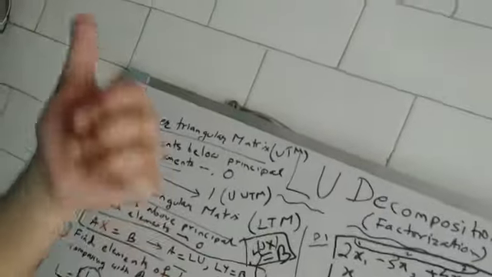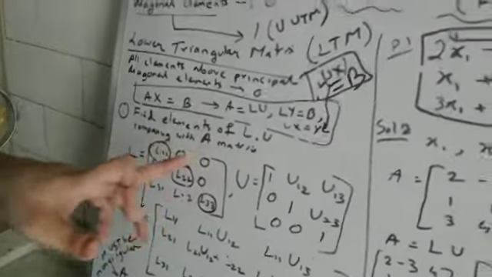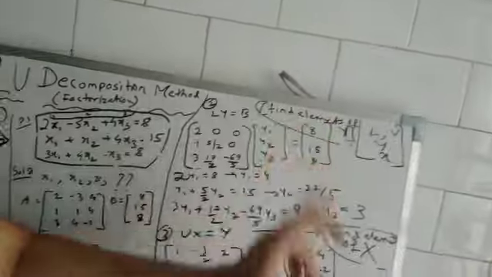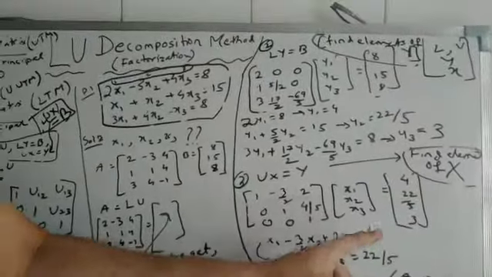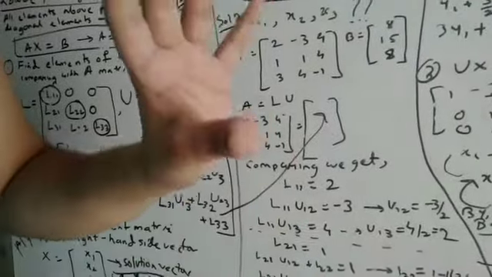So this is your method. Basically what we have done is, first step is to find the elements of L and U matrix. Second step is to find the elements of Y. Third step is to find the elements of X. To find the elements of L and U, you need to apply A is equal to LU, this formula, and then compare and find out the values of the U matrix and the L matrix.